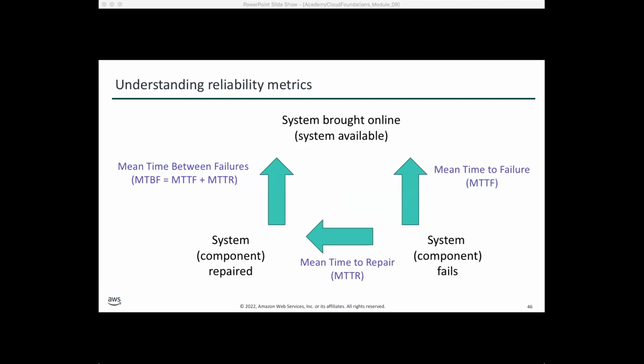But somehow it failed on Friday noon. And then the engineers who are responsible for the web server spent the full weekend fixing that, and again brought the web server online on Monday.